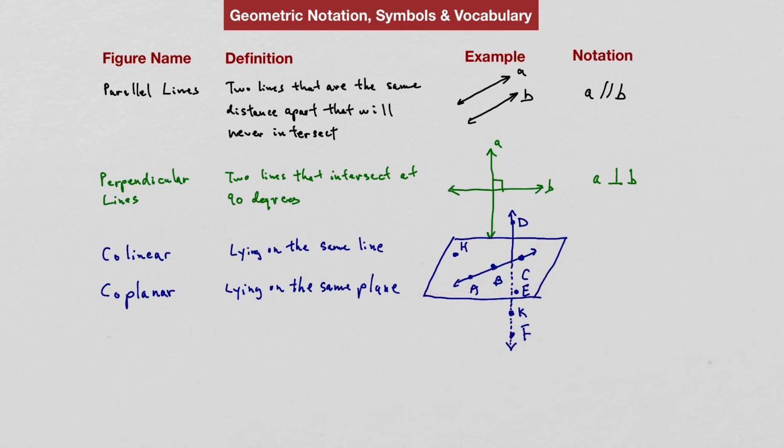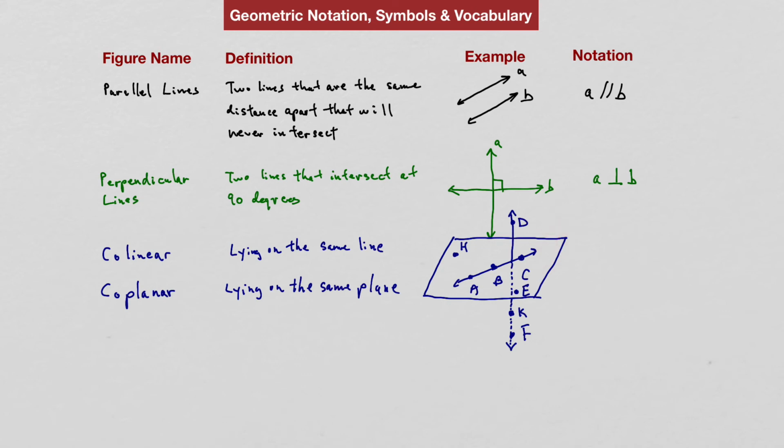Now, points F, K, E, and D would be considered collinear to line FD. This line right here, they would be collinear to each other, but they would not be collinear to this line, AC. And again, points D, K, and F would not be coplanar. Okay, so I believe that covers all of the topics.